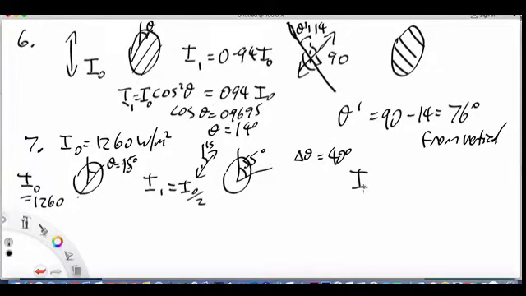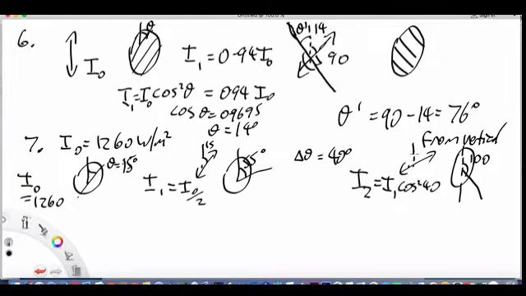So after that we have intensity I2, and that will be I1 cos squared 40. Then finally our last polarizer is at 100 degrees from the vertical. That means the light coming to hit it, which is at 55, again, we have a change in angle of 45 degrees.